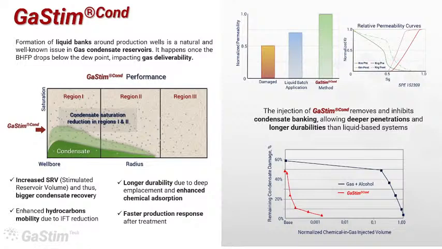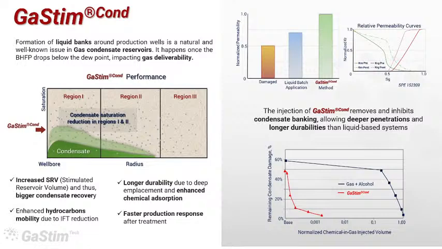That's where we can identify different regions with different saturations of this liquid condensate. And the thing here is that that liquid condensate will generate a blockage and will impact the gas deliverability of the system. So removing and inhibiting that liquid condensate is very critical in some projects.